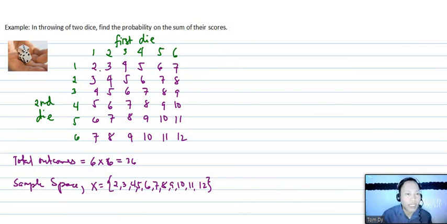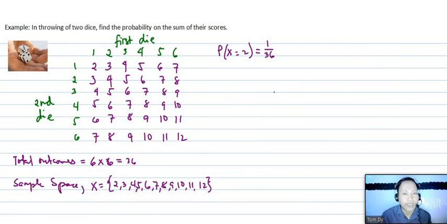So, let's say these are the sums of the scores. The probability of having 2, when x equals 2. So, I will write here the probability when x is equal to 2. If you have noticed, there's only one number 2 here. So, that is 1 over 36.